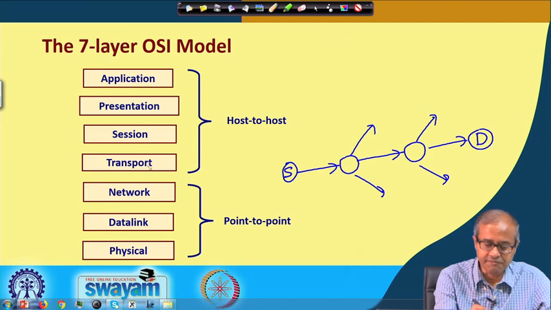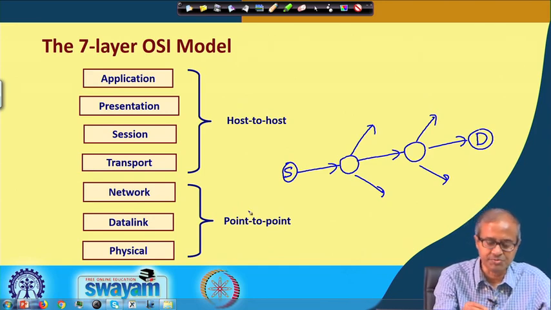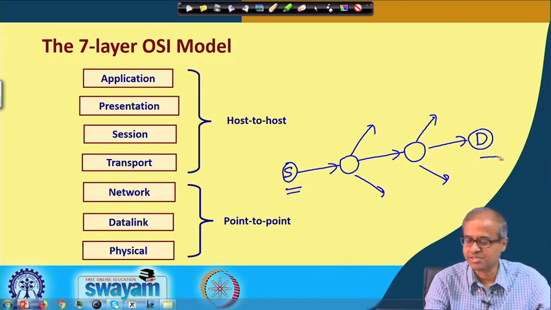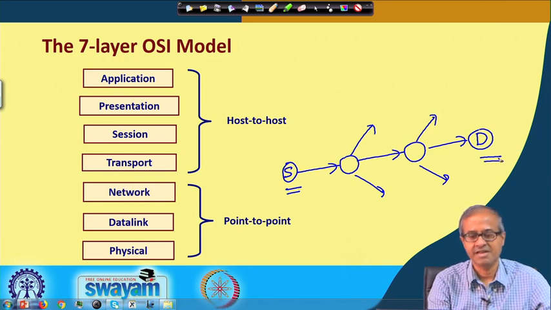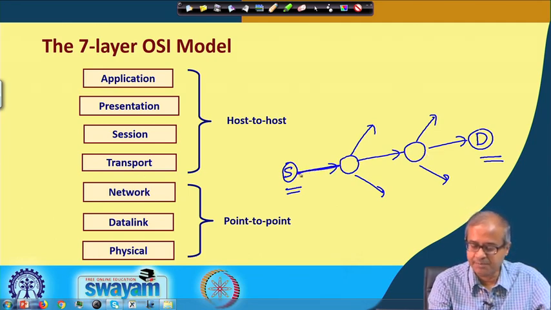Some of these layers are called host to host, and some of the layers are designated as point to point. Host to host means the upper 4 layers will exist only in the source and the final destination. They will not exist in the intermediate nodes. Point to point means 2 nodes which are directly connected by a link.